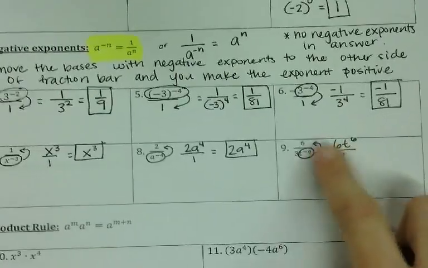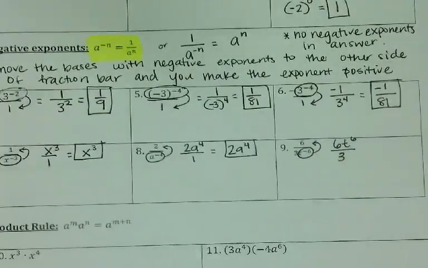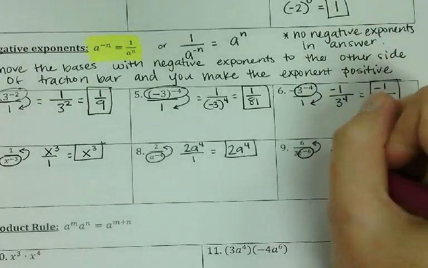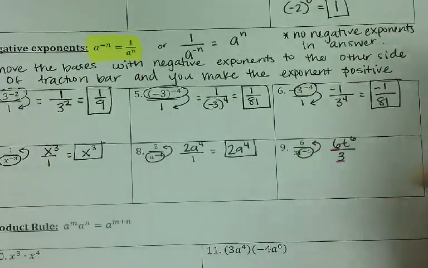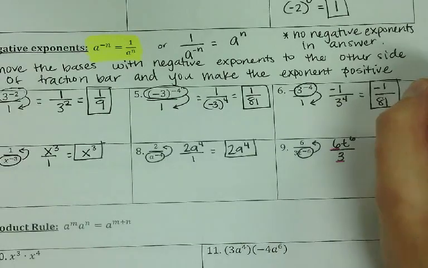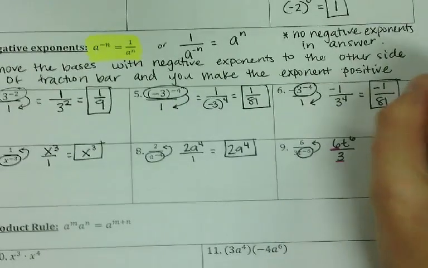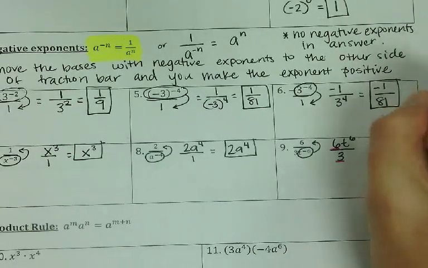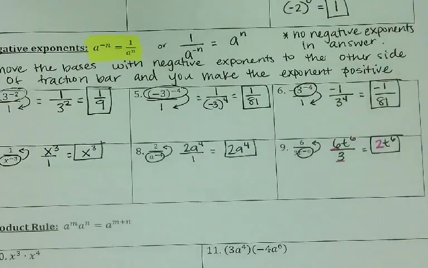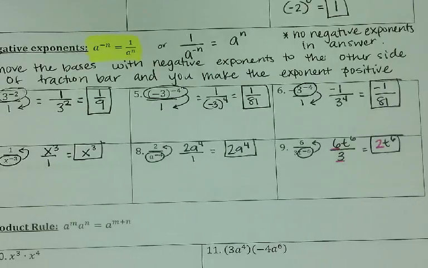But can we simplify 6 divided by 3? We absolutely can. What is 6 divided by 3? 2. So that leaves us with 2t to the 6th. So that would be my final answer. You could do 2t to the 6th over 1, but you don't need to do that.